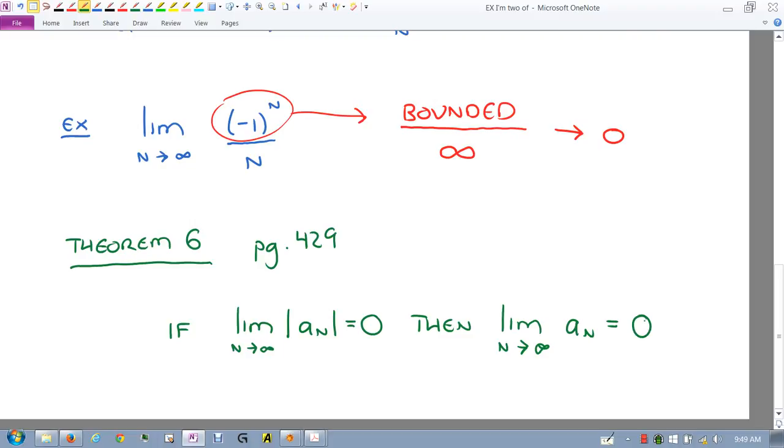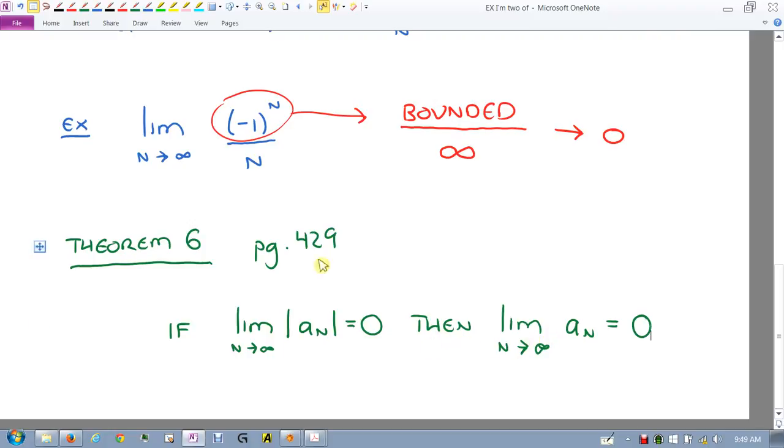This theorem is very useful when we're looking at alternating sequences, because it allows us to ignore the alternating part, since we're going to take an absolute value. If that absolute value of the sequence goes to 0, then we can conclude the original sequence went to 0.